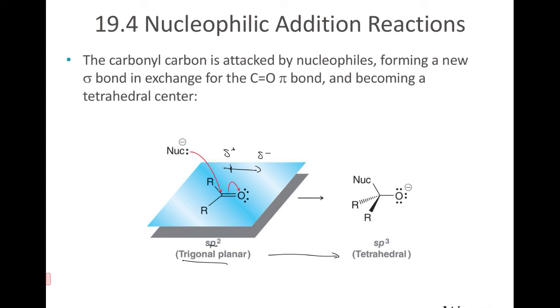In this slide, it shows the nucleophile attacking from the top face of the molecule. But could it attack from the underside of the molecule? Of course it could. It's not going to discriminate between either face of the molecule, and that's going to be important with respect to stereochemistry.